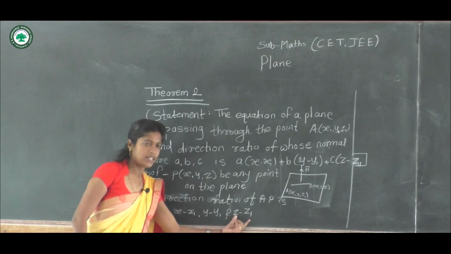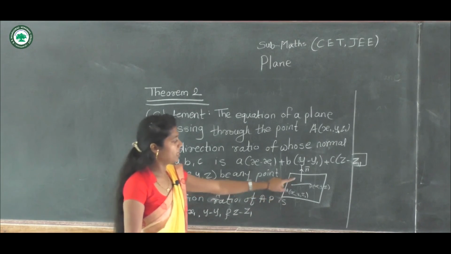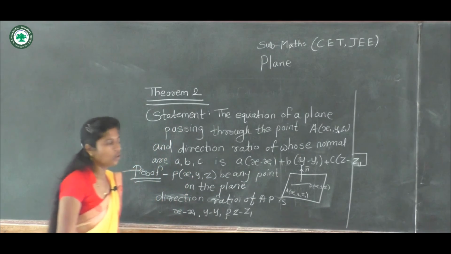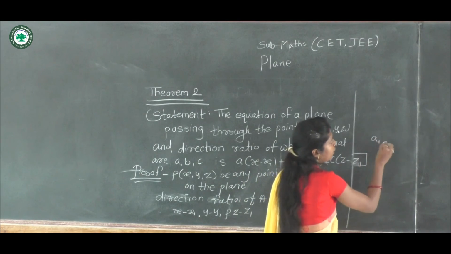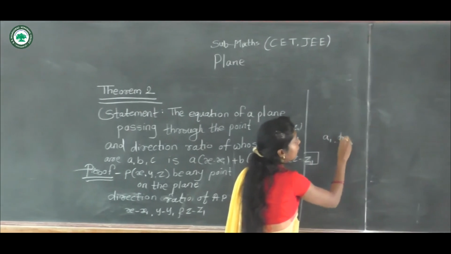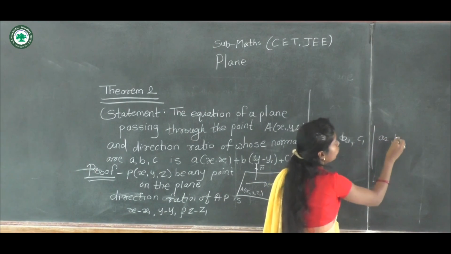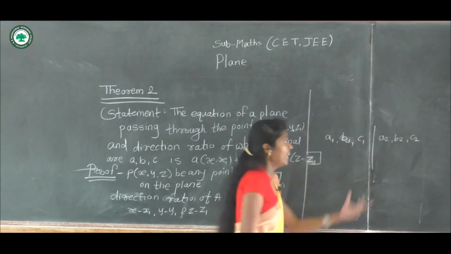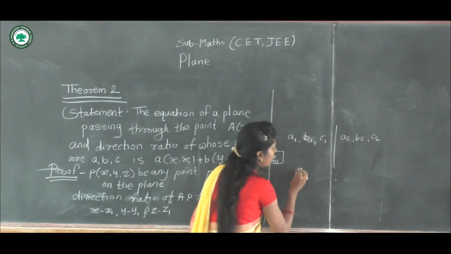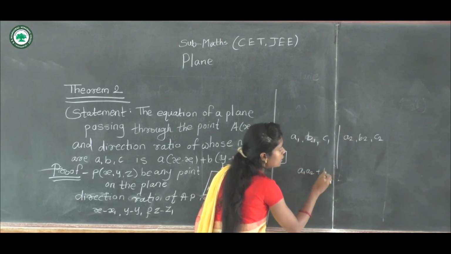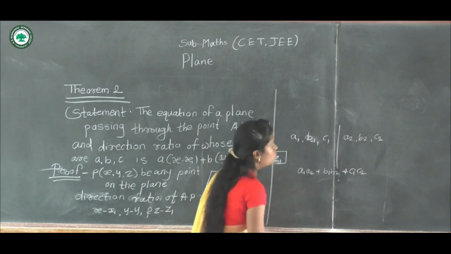Then by the second property, if two lines are perpendicular to each other, suppose the first line has direction ratios a1, b1, c1 and the second line has a2, b2, c2, and these two lines are perpendicular to each other, then we can write a1 into a2 plus b1 into b2 plus c1 into c2.